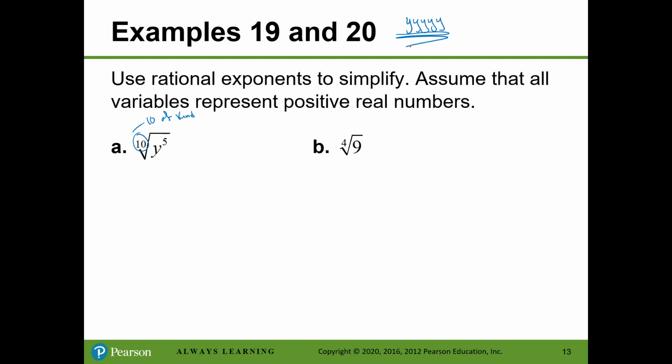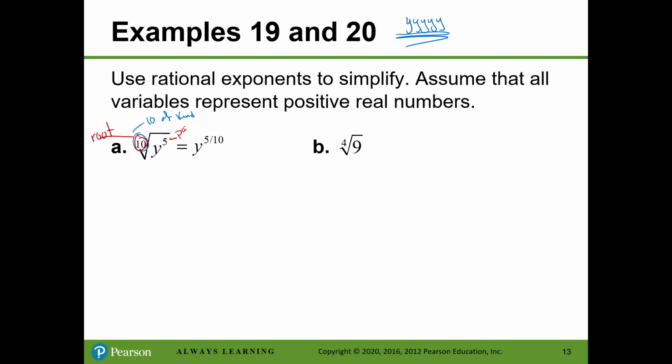But we can still simplify by shifting this into reverse and going backwards. Remember, we have a power and we have a root. So we can rewrite this as a rational exponent. Five over 10.